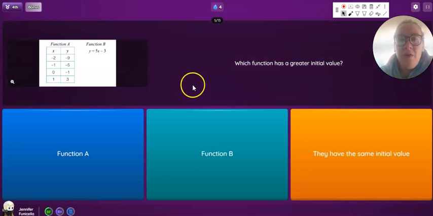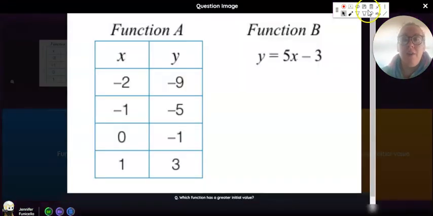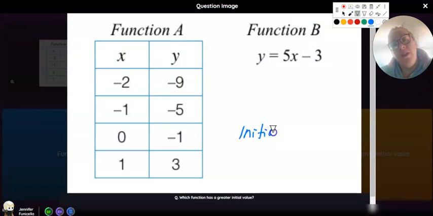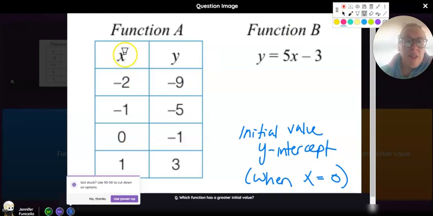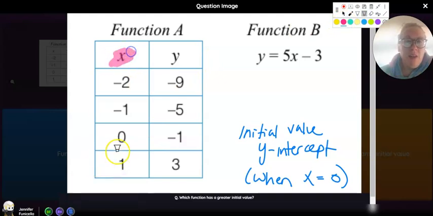Question 5, which function has a greater initial value? Our initial value, that is the y-intercept, and it is when x equals 0. So looking at function A, when x equals 0, here's our x, go down to where it's 0, and then we can see our value is this -1.